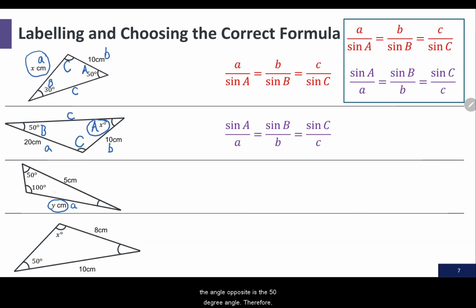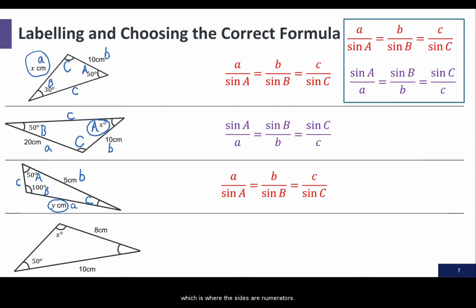The angle opposite is the 50-degree angle, therefore that is capital A. I'm going to call the 5 centimeter side b, therefore the 100-degree angle is capital B. The final angle will be capital C and the final side will be lowercase c. In this question we're trying to calculate a side length, so it's the red formula, where the sides are numerators.